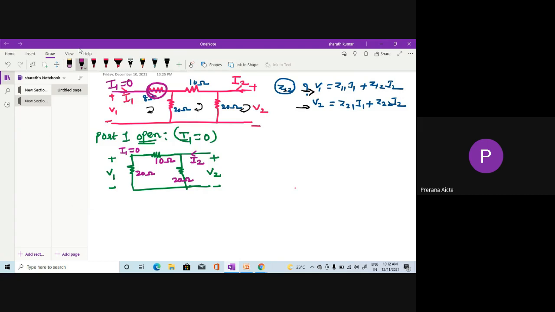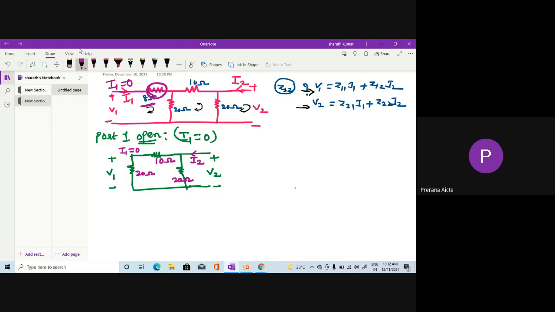If the resistor is present in the circuit, that is not valid. Why? Because it is not participating in the conversion of your circuit. So while following port 1 to port 2 or port 2 to port 1, the 8 ohm resistor does not participate in any kind of activity, because the current in the 8 ohm resistor is 0.